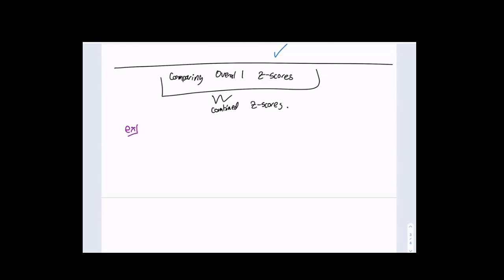So in this example, Armani got an 80 on math and a 63 in ELA.